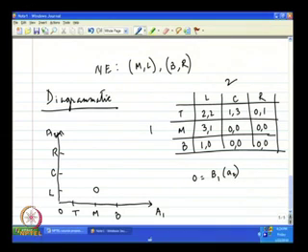If player 2 plays C, then one has one single best response, which is T. So, CT, I put another circle here. And if player 2 is playing R, player 1 has all the three as best responses. So, TR, MR and BR.